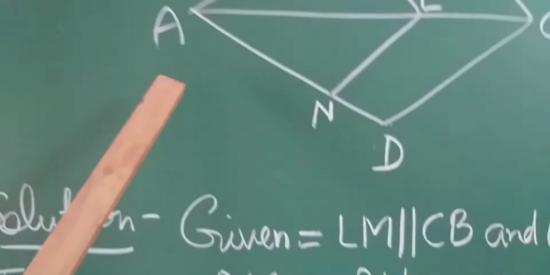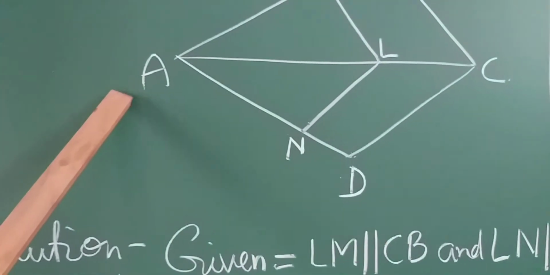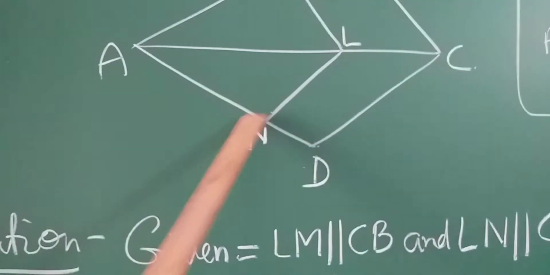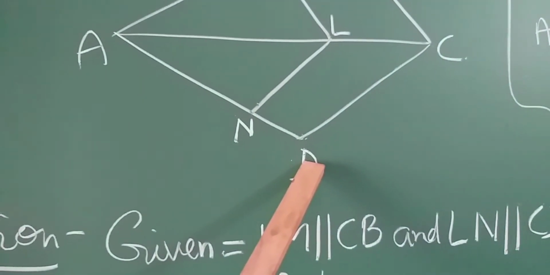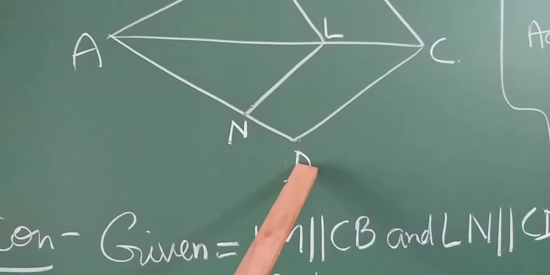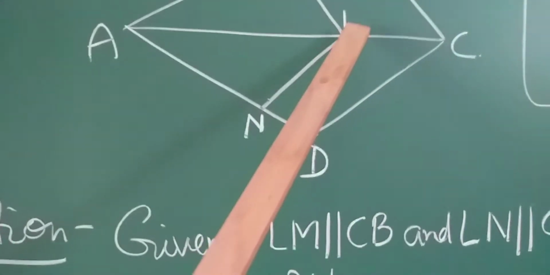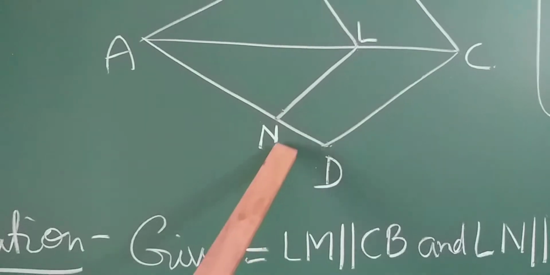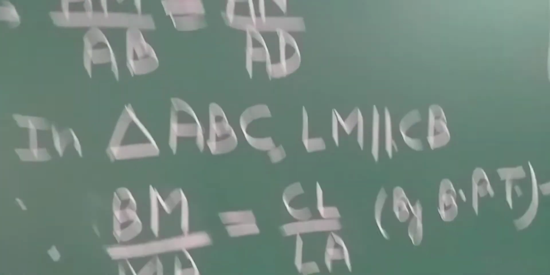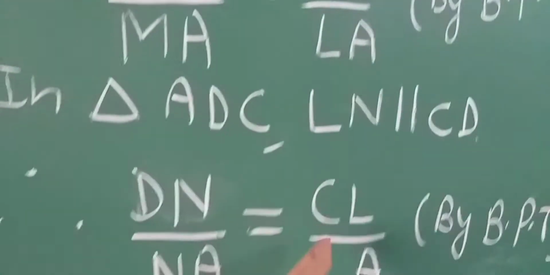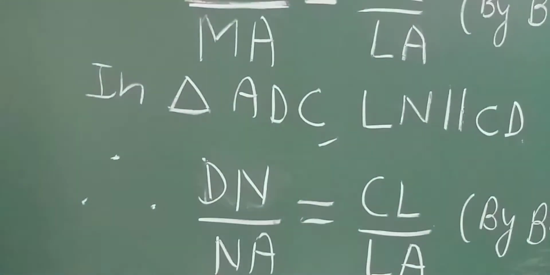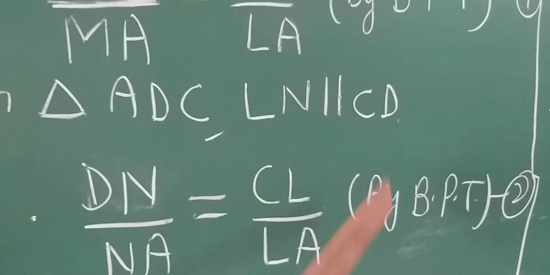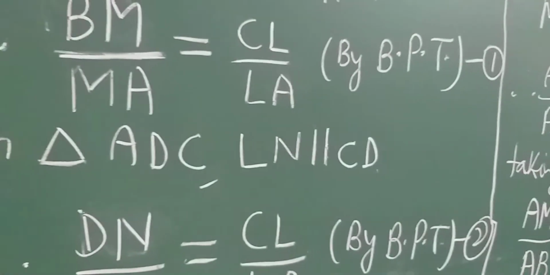Now, students, in triangle ADC, LN is parallel to CD. So, again we can use BPT. CL upon LA equals DN upon NA. So CL upon LA equals DN upon NA, students, in triangle ADC when LN is parallel to CD by BPT.